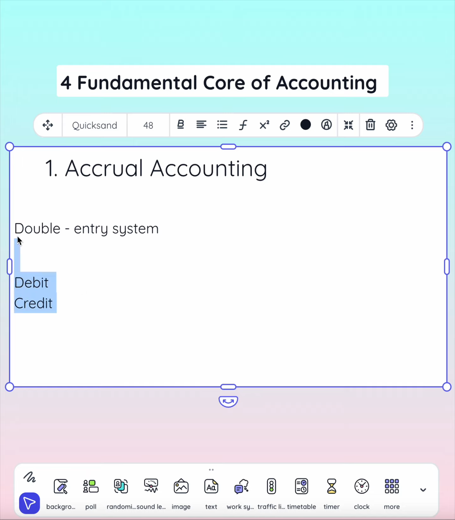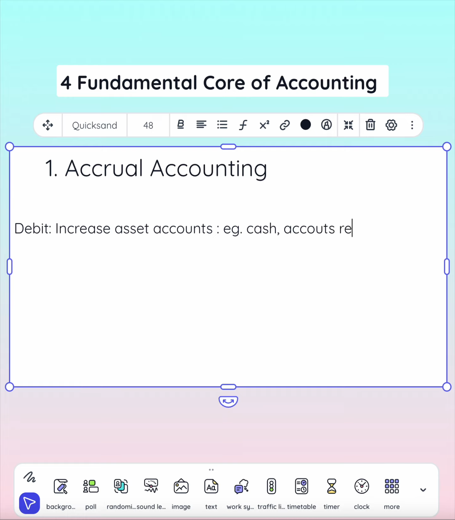So debit: it increases the asset accounts, for example cash and accounts receivable.